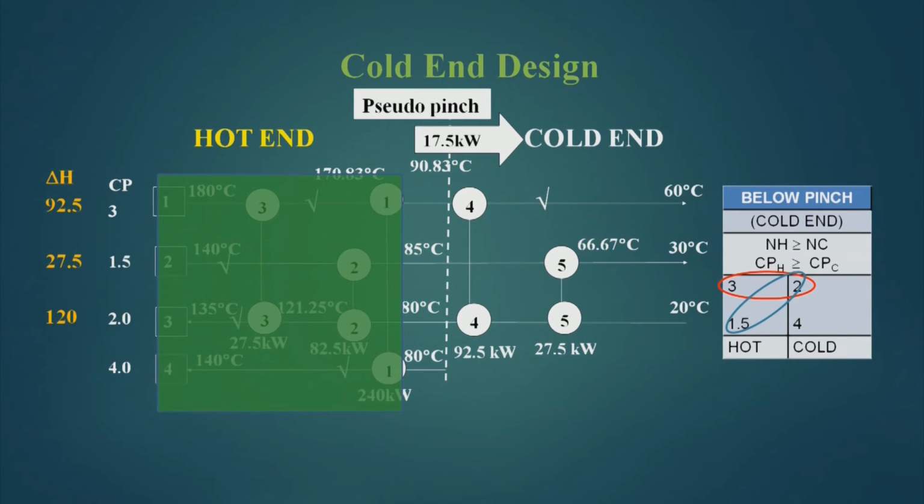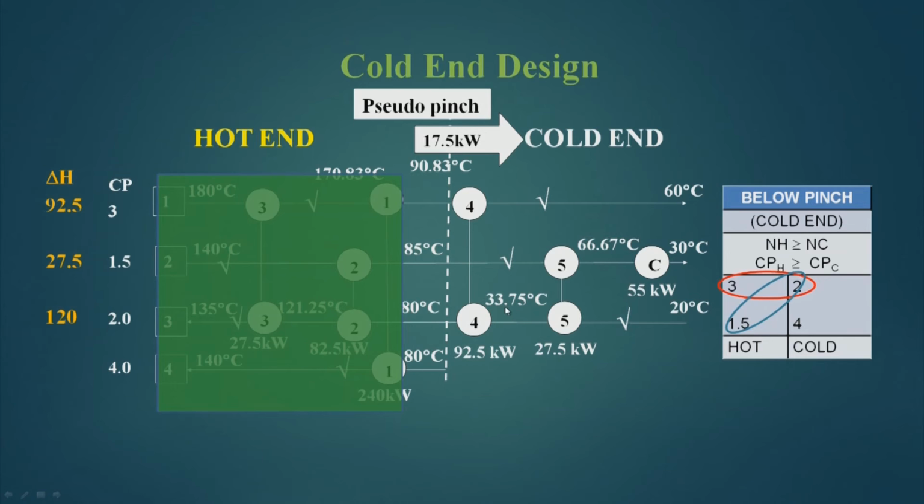So, here delta T is 66.67 and this is 20. So, this is not violating. So, this stream is ticked off, and then we are putting a cooler here which is 55.55 kilowatt, which was the required cold utility demand.